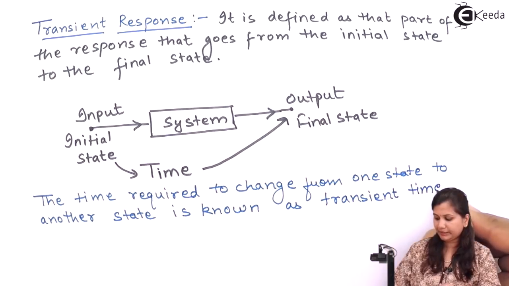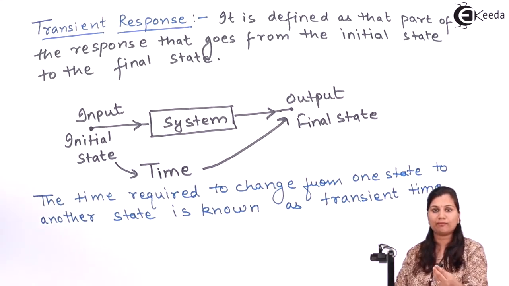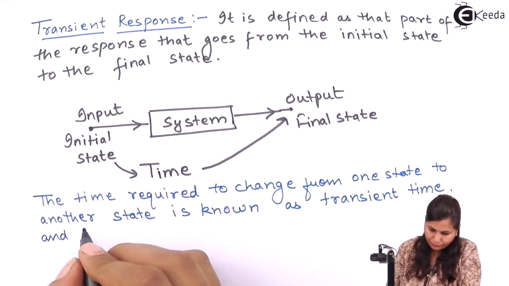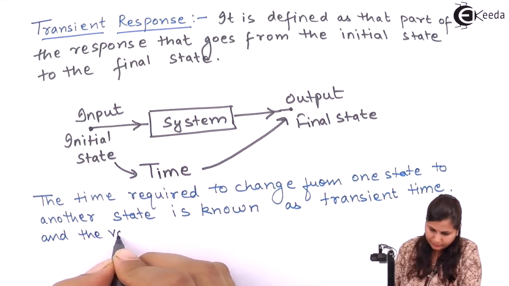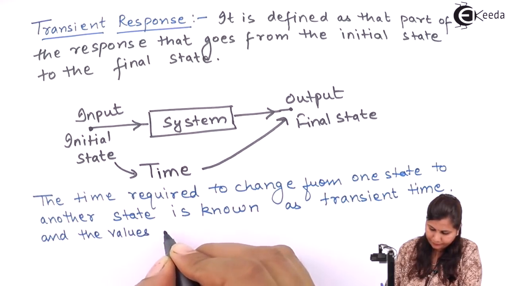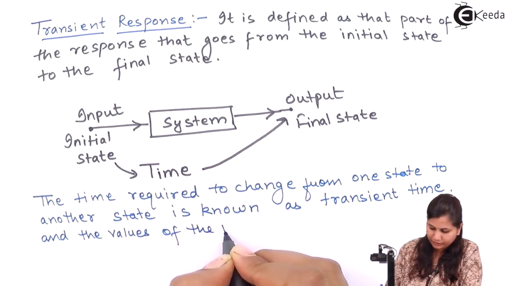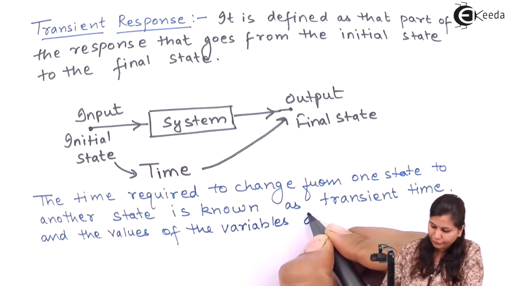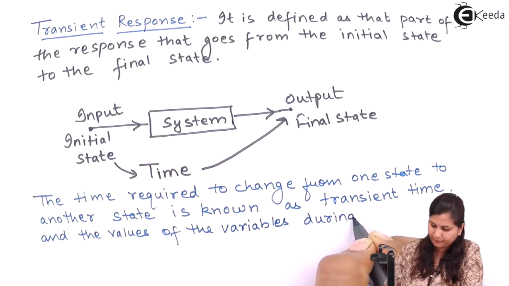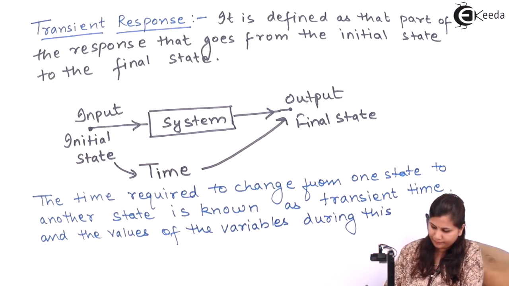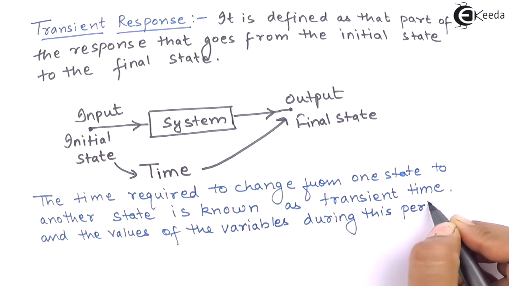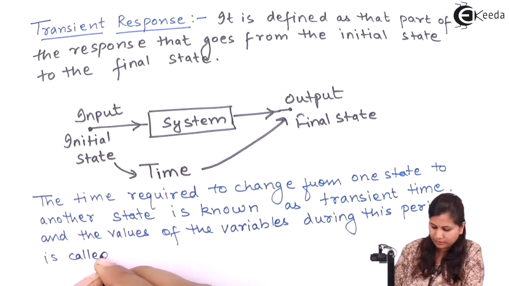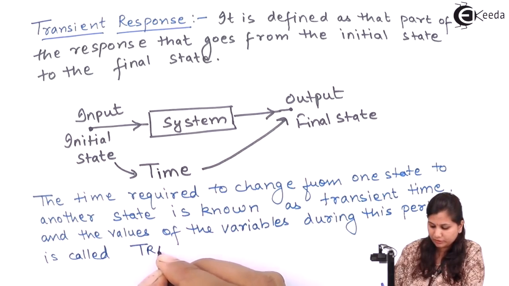That is the time taken for the system to change from one state to another state, and the values of the variables during this time is called the transient response.